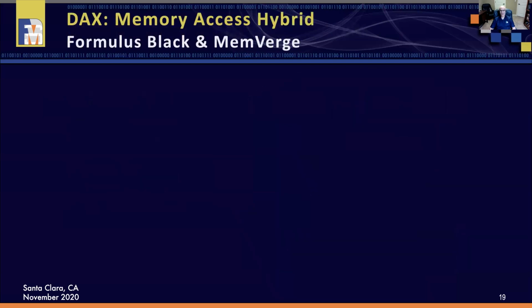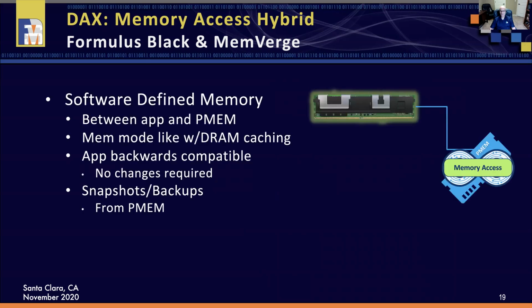Now, this memory access hybrid from Formulus Black and MemVerge is also really interesting. It's software-defined memory. They sit between the application and the persistent memory, but unlike Memory Mode, they're using the persistent memory as persistent memory.